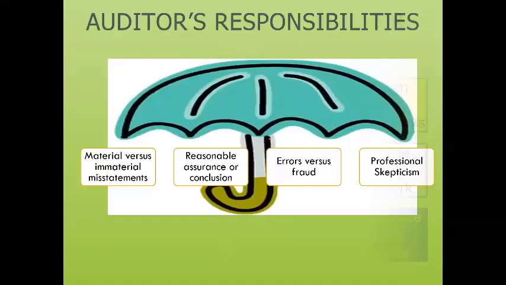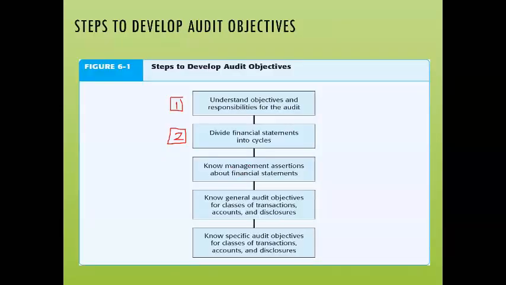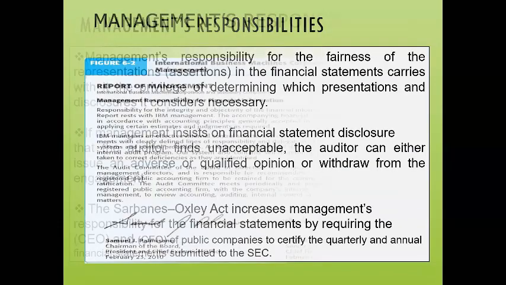The next step is to make sure that the management assertions about financial statement have been taken into consideration. The third step is to know the management assertion about financial statement. And in order to know that, we have to know what we mean by management assertion.